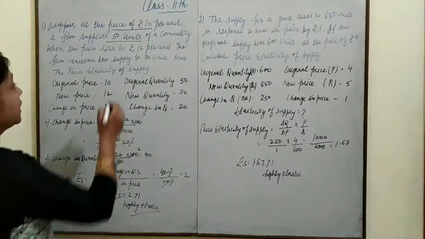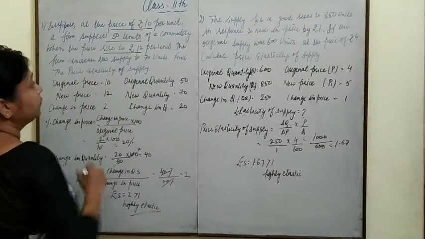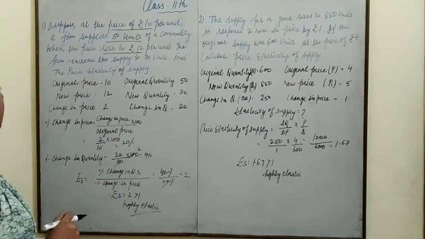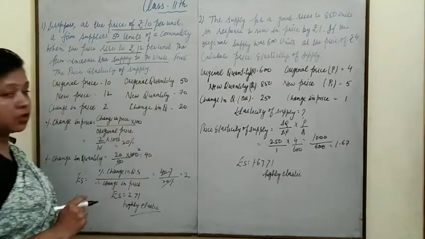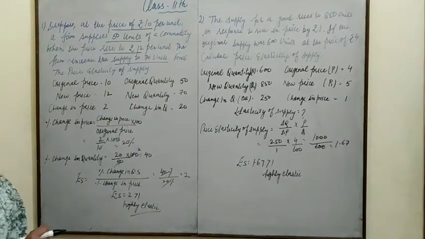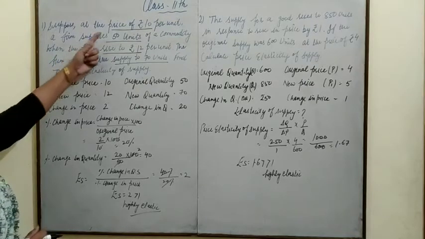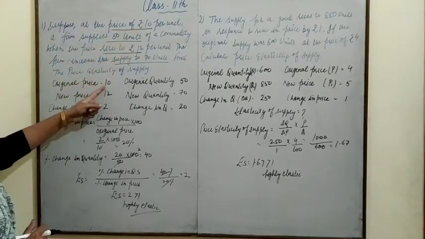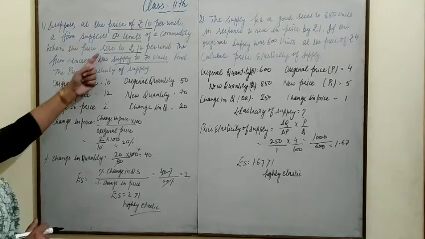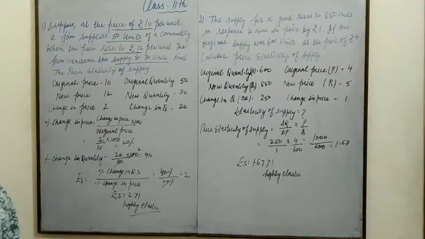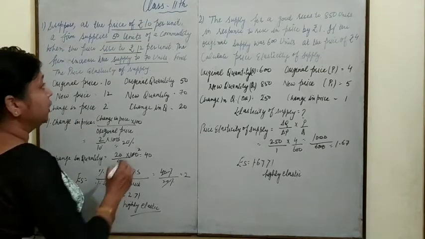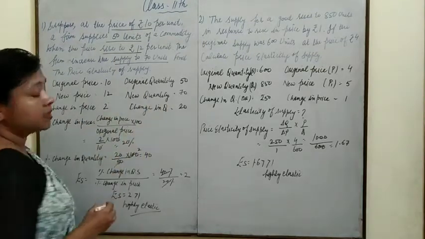When the price rises to 12 per unit, the firm increases the supply to 70 units. Find the price elasticity of supply. What is the original price here? The original price is 10 and the new price is 12. The original quantity is 50 and the new quantity is 70.